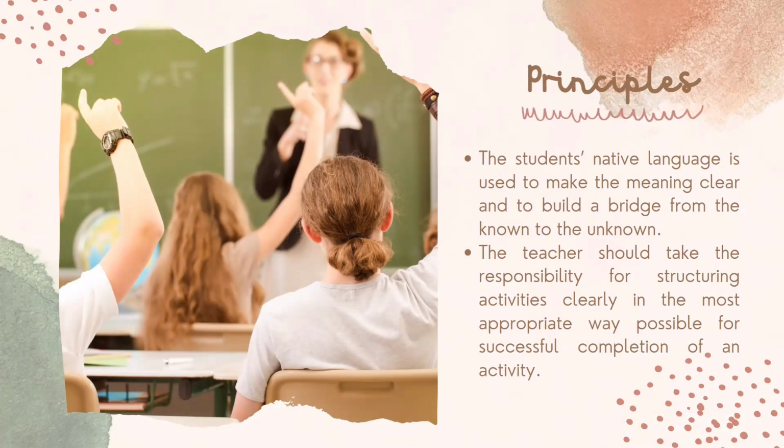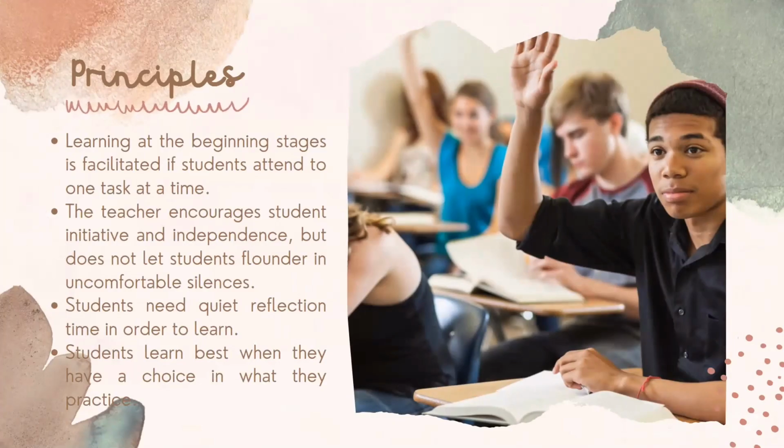Next, the teacher should take the responsibility for structuring activities clearly in the most appropriate way possible for successful completion of an activity. Learning at the beginning stages is facilitated if students attend to one task at a time. The teacher also encourages student initiative and independence, but does not let students flounder in uncomfortable silences.